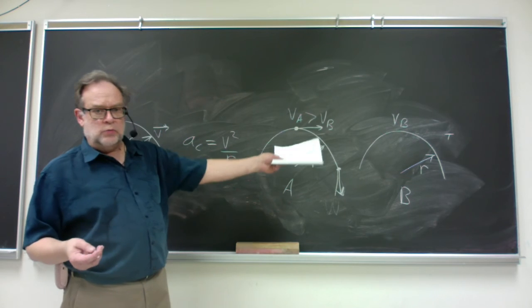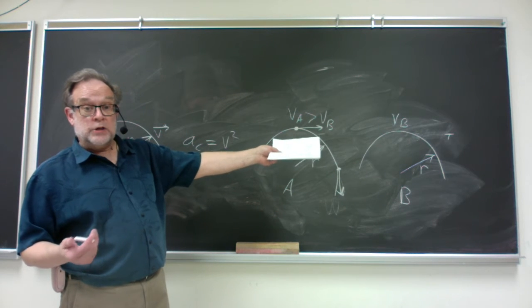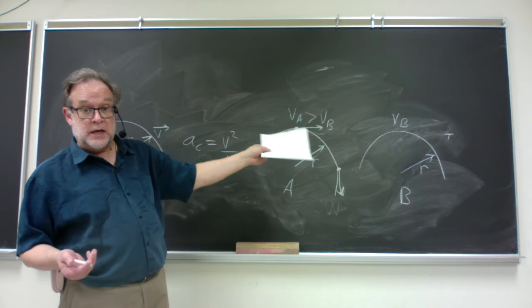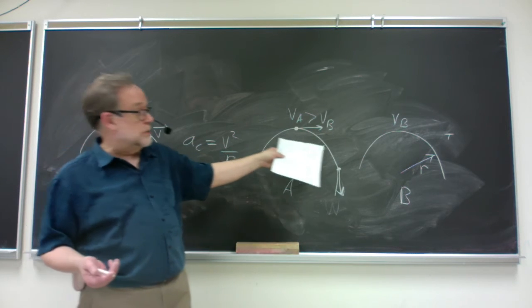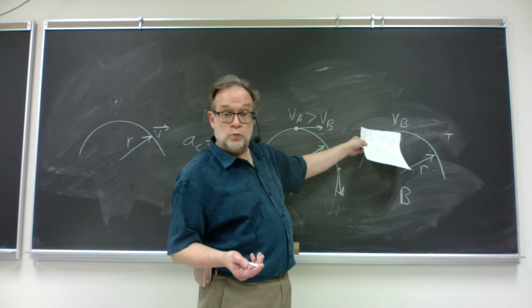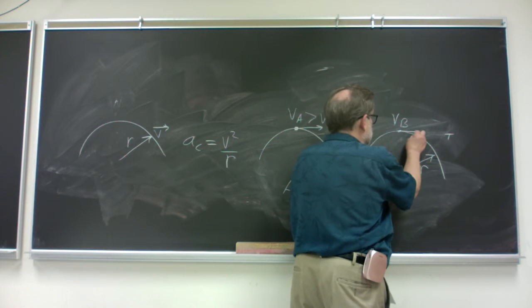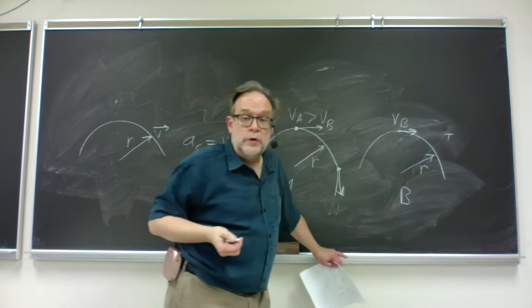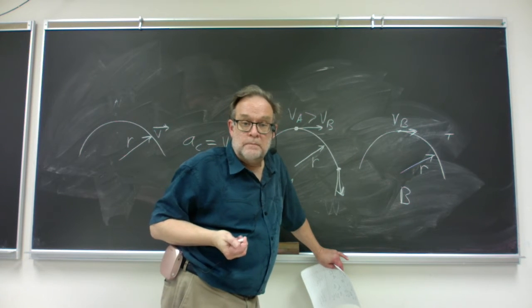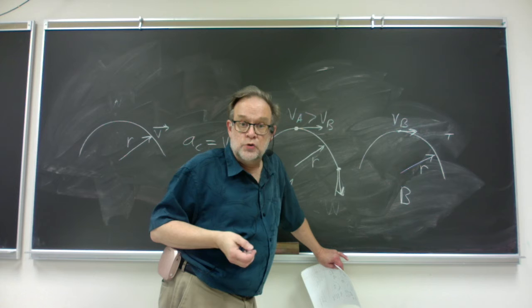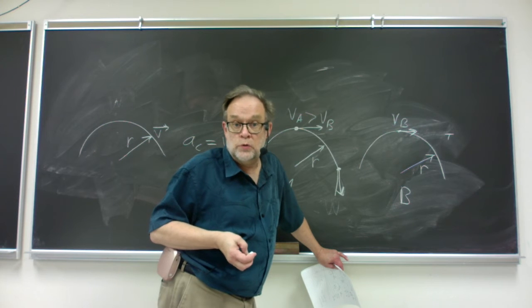And then we watch B, and we start watching B when it's in the same initial state as A, when it was right up here. So its velocity is again pointing straight horizontally, because that's what the direction tangent to the circle would be at that point.